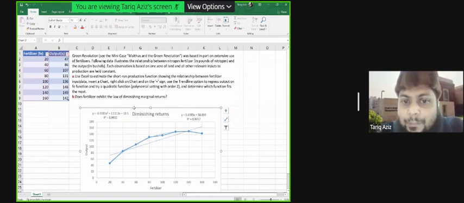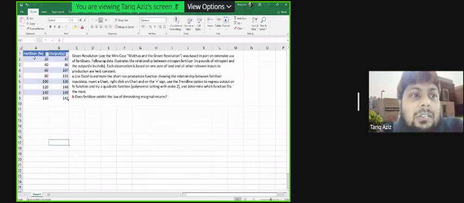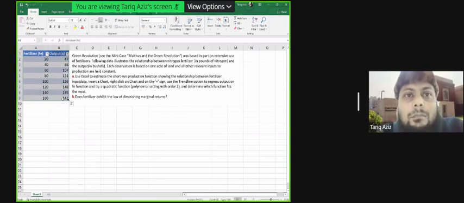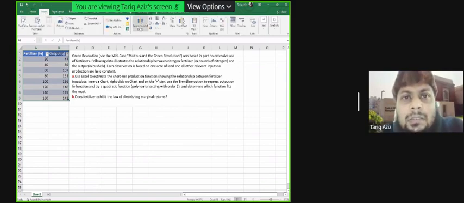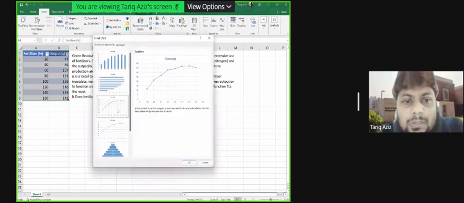So let us see how you can chart this. First you have to select this data and then come to the insert tab, and you may click on recommended charts also, and let us choose this chart.